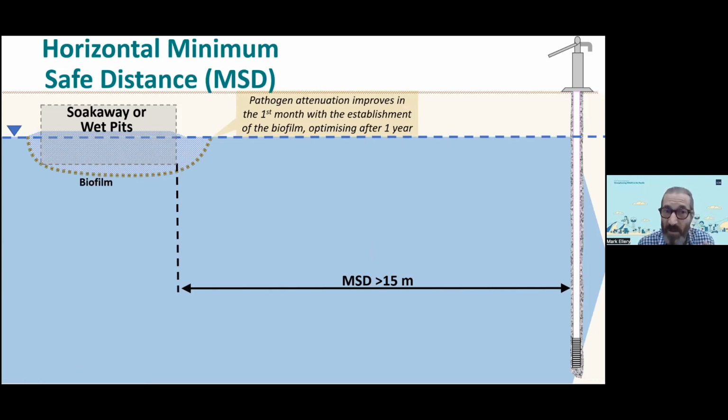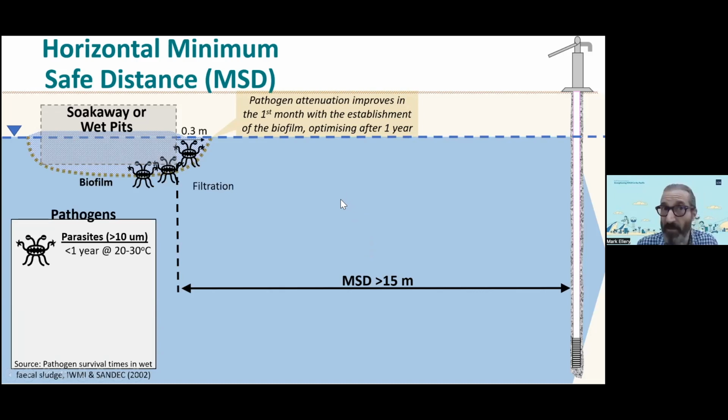And I imagine that this soakaway will move a little bit in the direction of flow, but its existence on the upstream side of the pit in some ways protects the pit from the flow sweeping through the pit and trying to mobilize the pathogens within the pit into the groundwater.